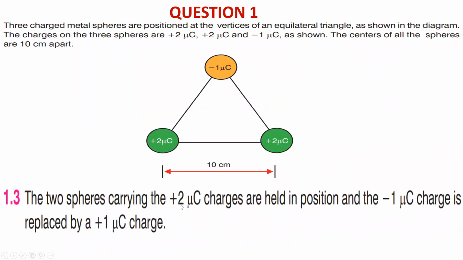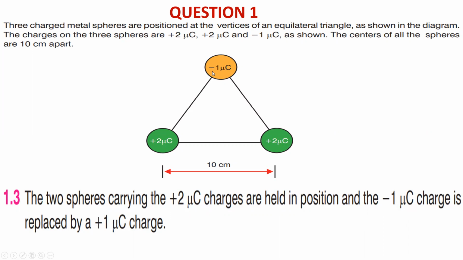And then next, question 1.3. 2 spheres, positive 2 microcoulomb charges, this one is coming back. They said 2 charges carrying positive 2 microcoulomb charge held in position, all right. A negative 1 microcoulomb charge is replaced by a positive microcoulomb charge.